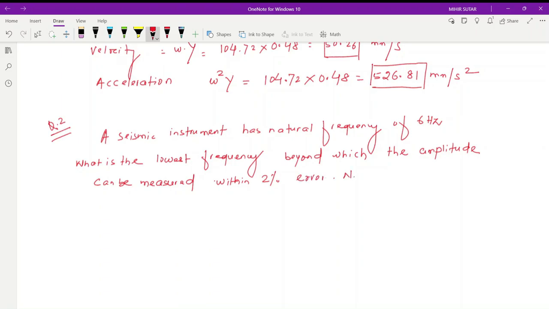Neglect damping, which means take the zeta value as 0. This is the assignment problem. So further we'll proceed with multi-degree of freedom.